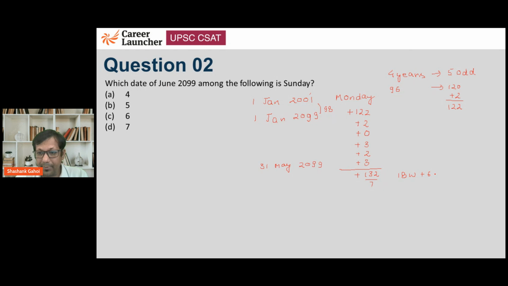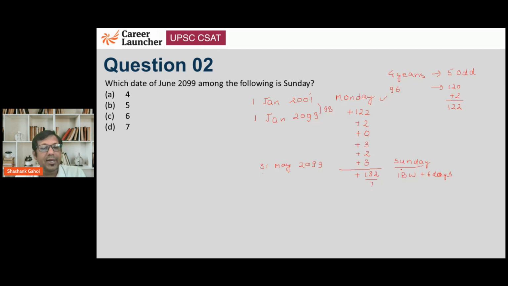So the effective number of odd days is going to be 6. So 31st May 2099 will be 6 days after Monday, and 6 days after Monday is actually going to be Sunday. So 31st May 2099 is going to be Sunday.